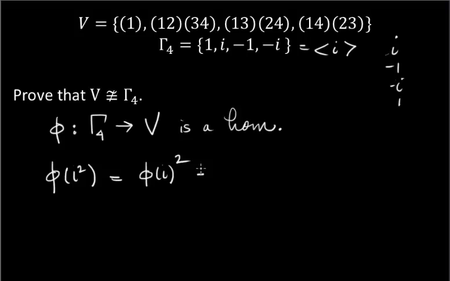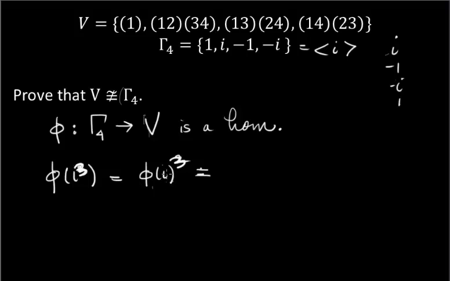Actually, I think I should not be looking at phi of i squared. Let's look at phi of i cubed instead. Phi of i cubed is equal to phi of i, cubed, by what we just proved, the theorem. And notice that this is phi from lambda 4 to V. Notice the phi of i lives in V, right?